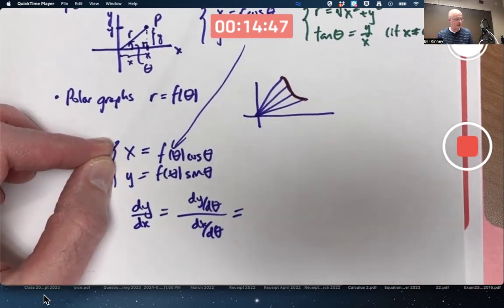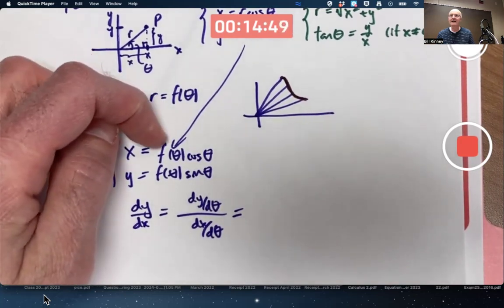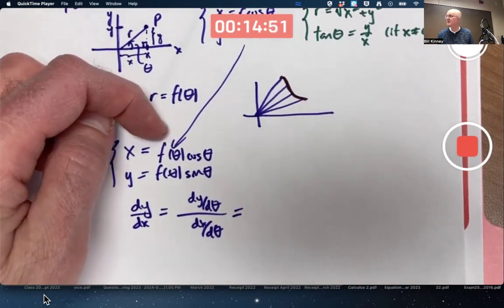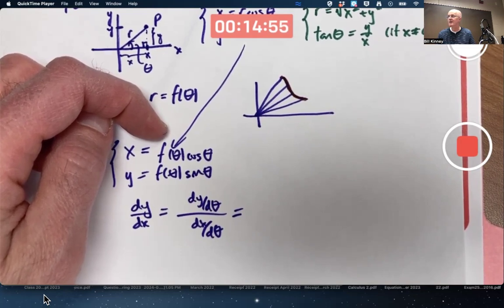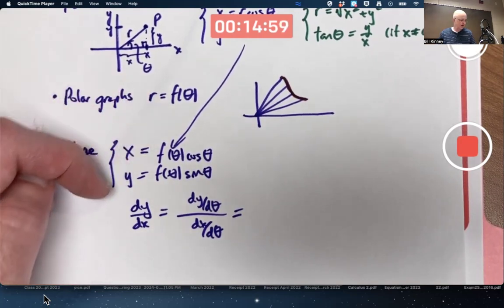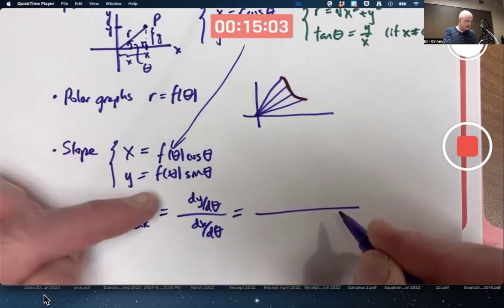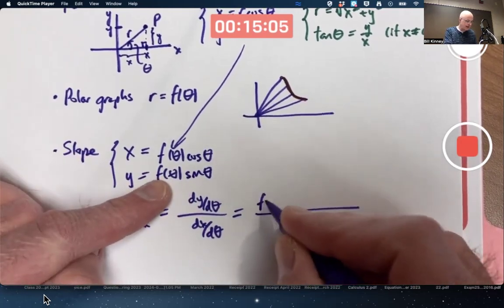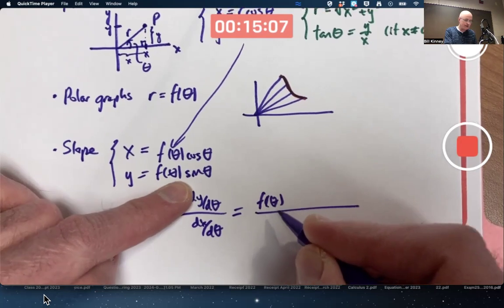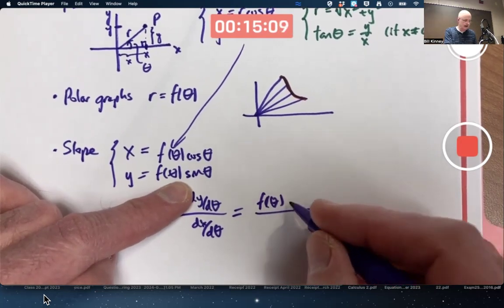And think about this with me here. Look at the right-hand sides. They're products. You need the product rule from Calc 1. Left d right plus right d left. Think about it with dy d theta here first. That's the top. Left d right. F of theta d right means the derivative of sine is cosine.